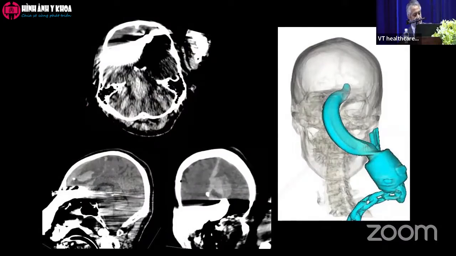The CT image shows some brain damage due to artifact, but the extent of bleeding is little understood. The relationship between the metal pieces and the brain can be understood from the 3D image.